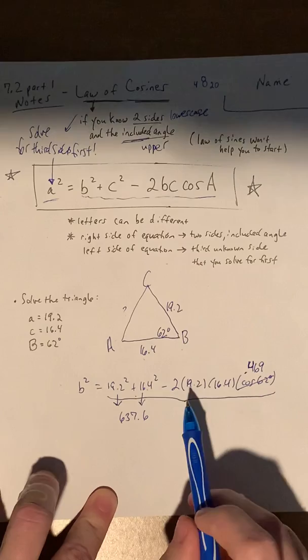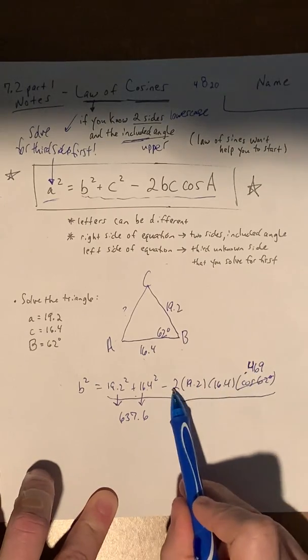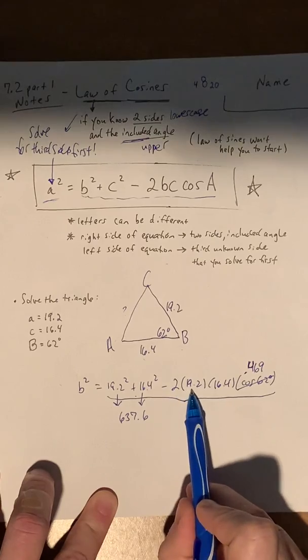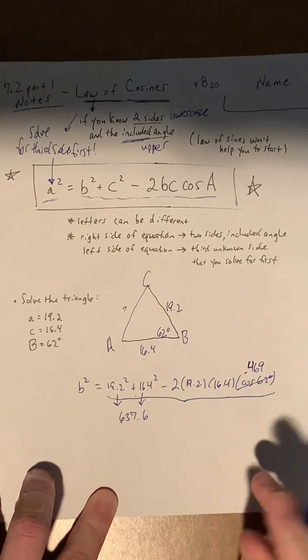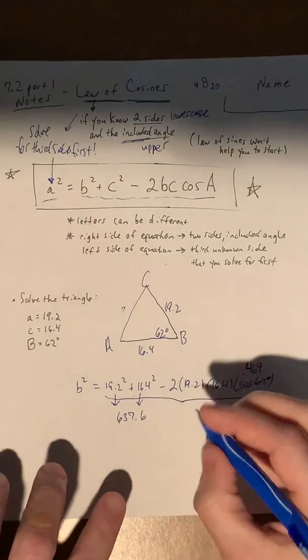And you can go ahead and multiply this entire group together: the 2 times this side, times that decimal. So let's do that next. And you get about 295.4.